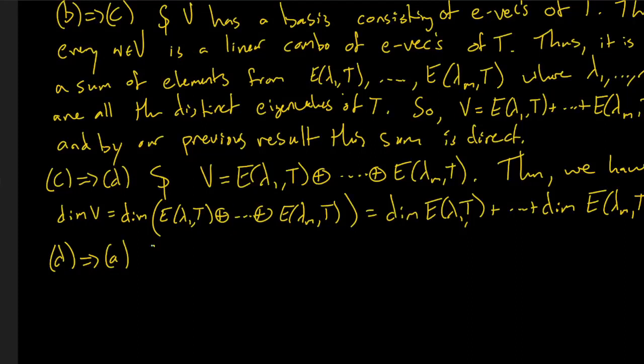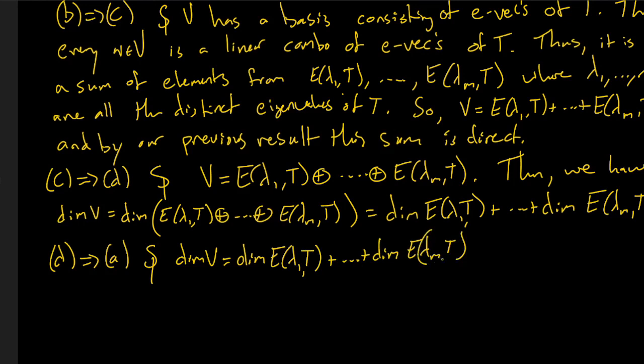So suppose dim V is equal to dim E lambda 1 T plus all the way down through dim E lambda m T.